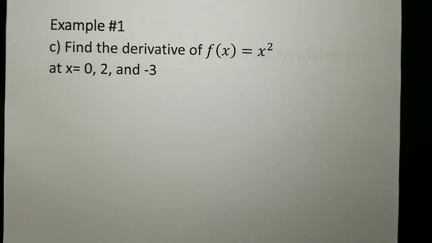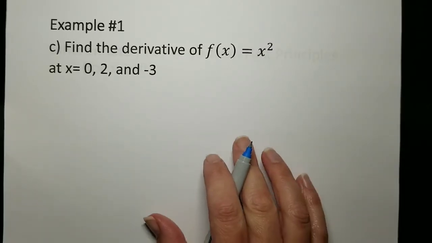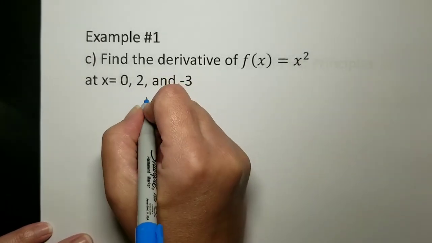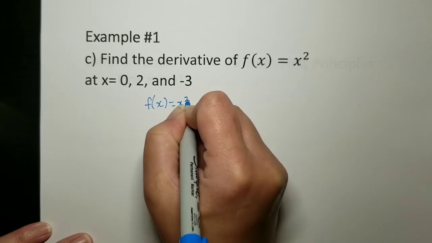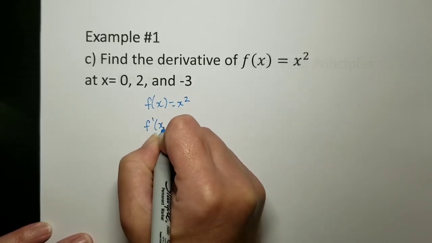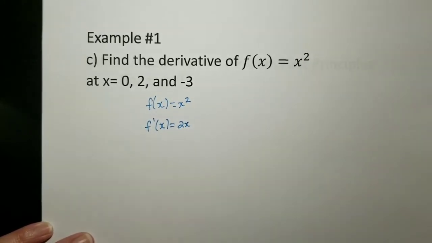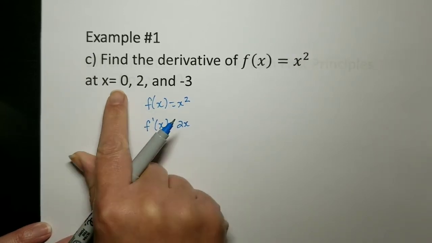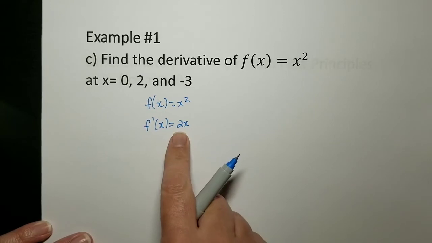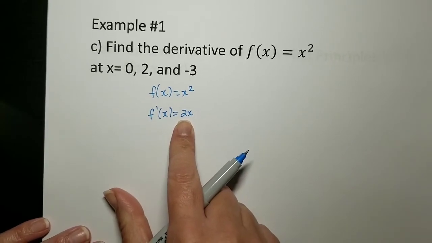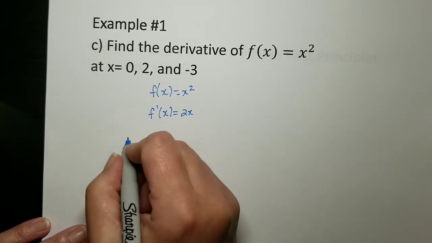Once we have that, we know that f prime, so for this function f at x equals x squared, f prime at x is equal to 2x. So if you wanted to find the derivative at 0 or 2 or -3, you just use this new equation that we've come up with that represents that instantaneous rate of change.